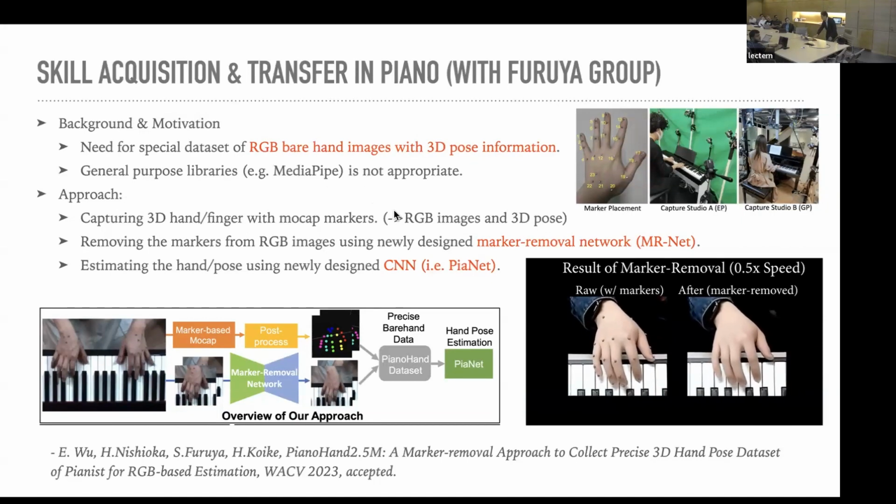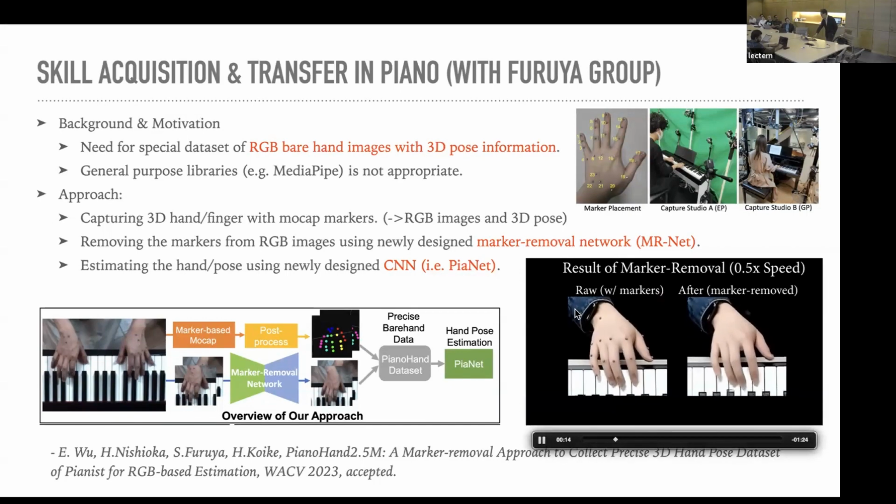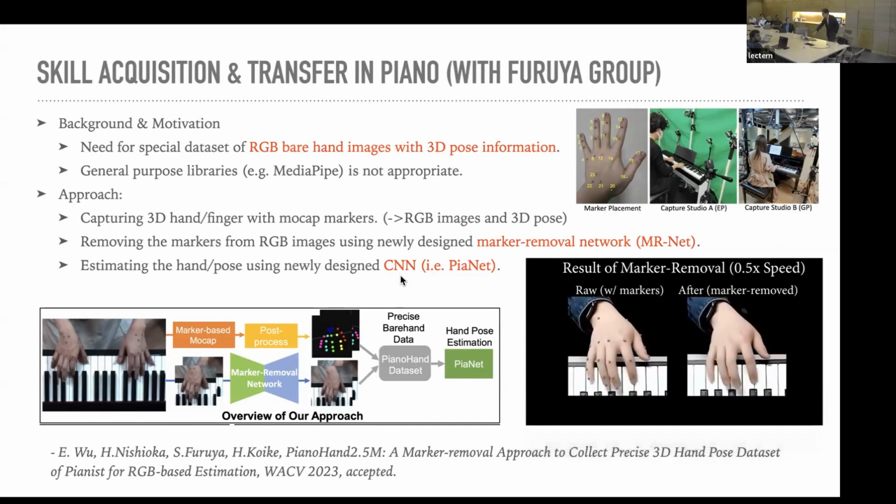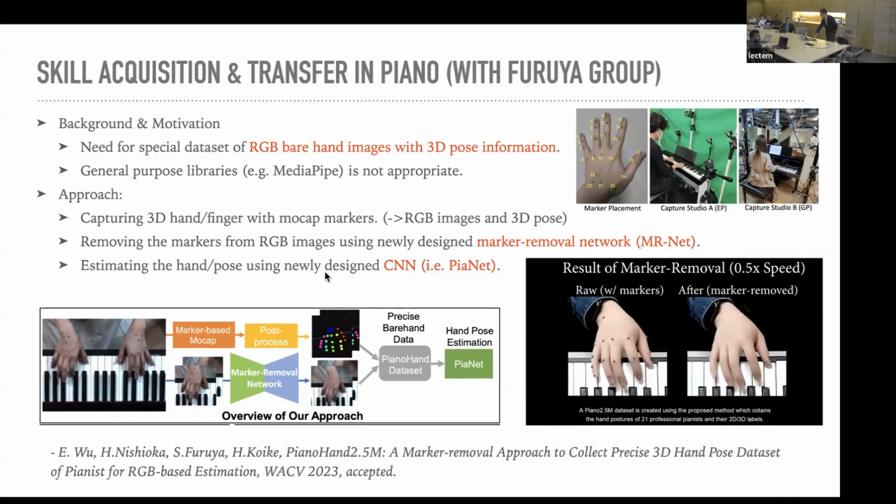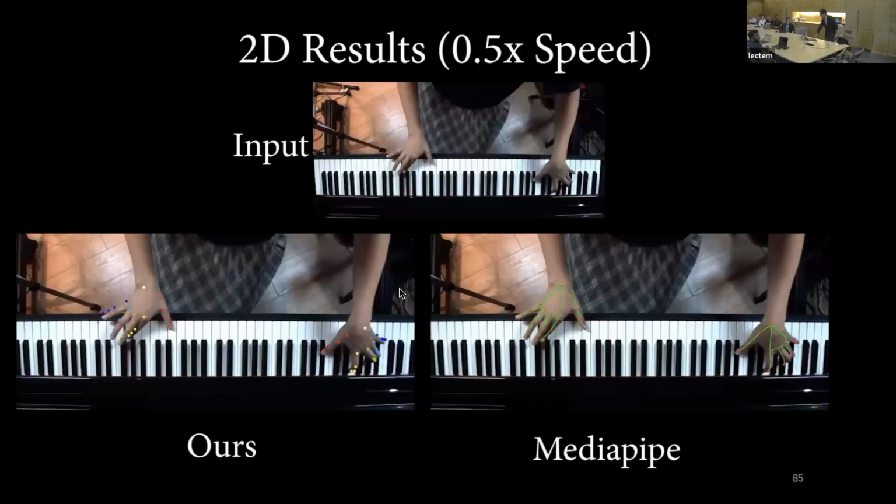So it sometimes has very big differences between the estimated position and the ground truth. So we used the piano dataset and succeeded in correctly estimating 3D hand and finger positions.